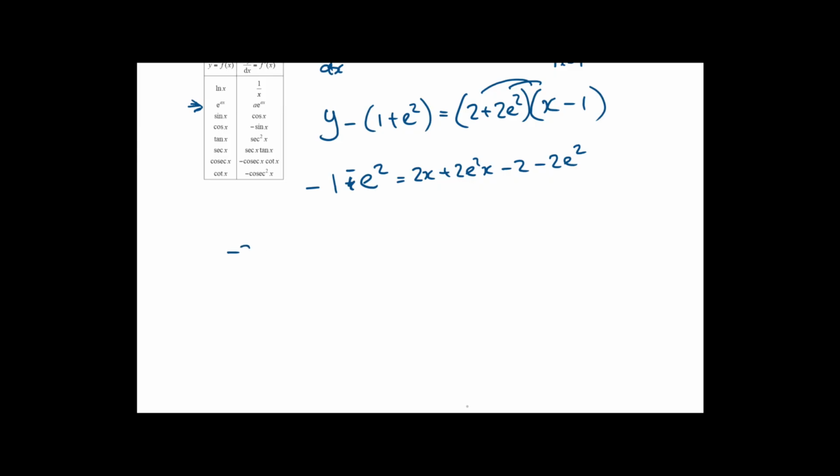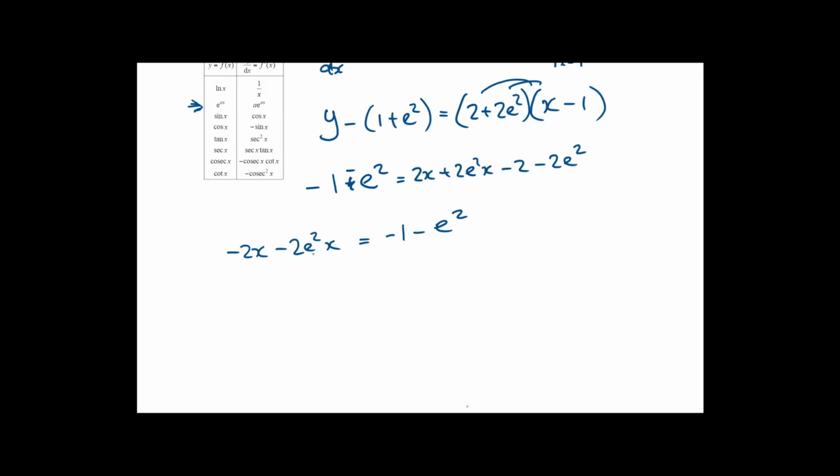So we've got negative 2x, negative 2e squared x equals 2 plus 1, negative 2 plus 1 is negative 1, negative 2e squared plus e squared is negative e squared. Yes, that makes sense. We can flip those around to make it make a bit more sense.